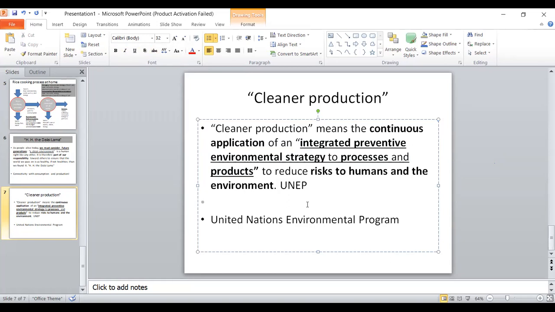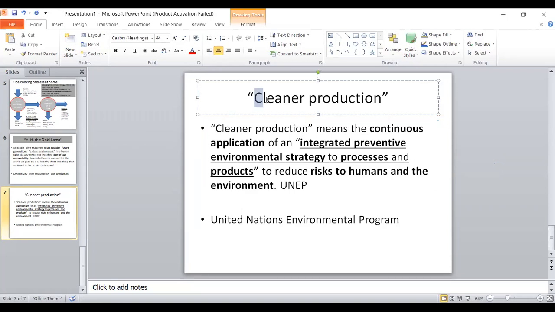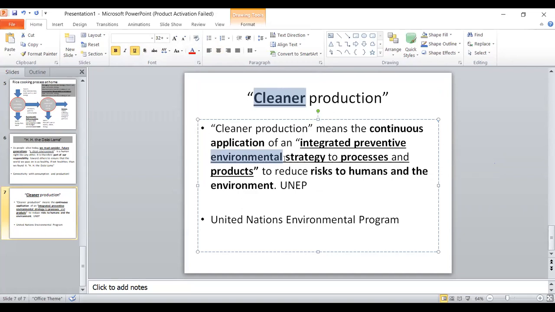Under sustainable consumption and production, we have to learn about cleaner production as well. The word clean relates to the environment. That's why cleaner is related to the environment.